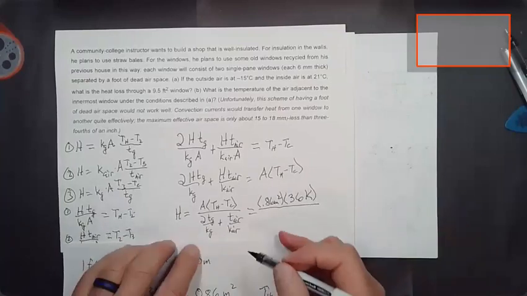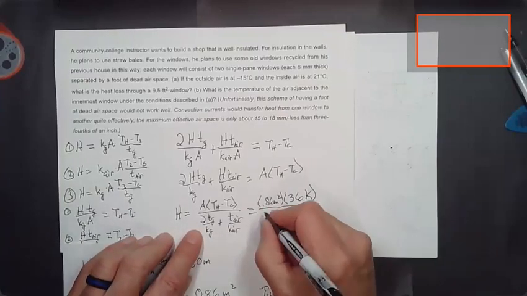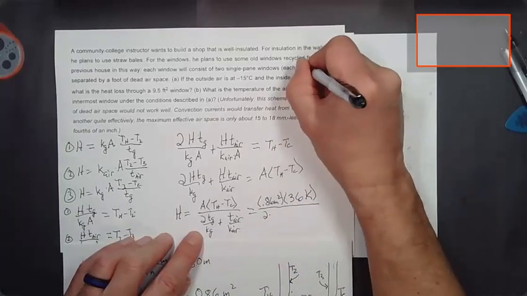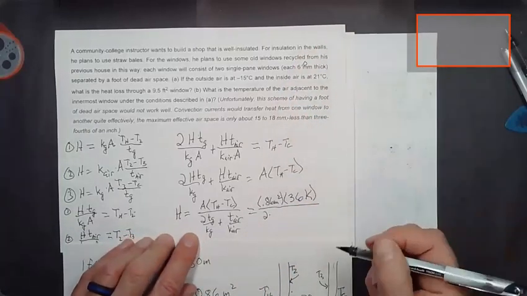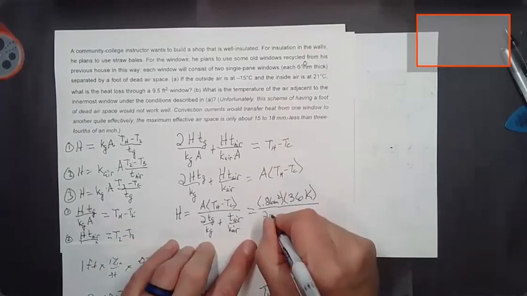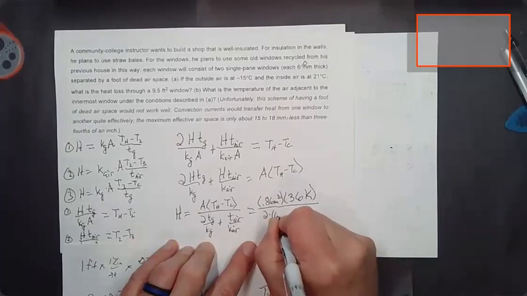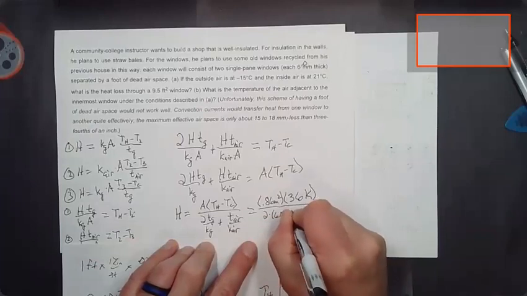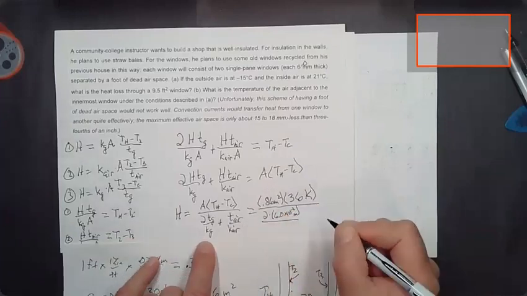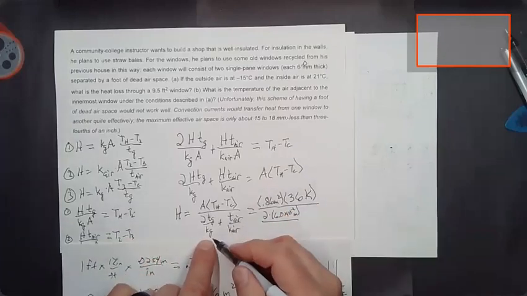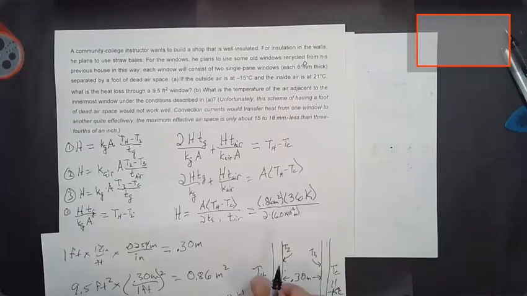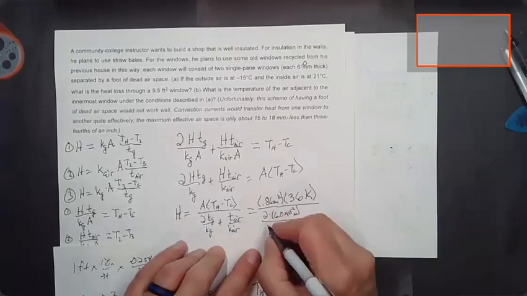And down on the bottom, I'll have this 2 times the thickness of the glass, and let's just call it 6.0 so I can keep 2 sig figs on this. So 2 times 6.0 times 10 to the minus third meters divided by the thermal conductivity of the glass, which I looked up. It's 0.96 watts per meter Kelvin.